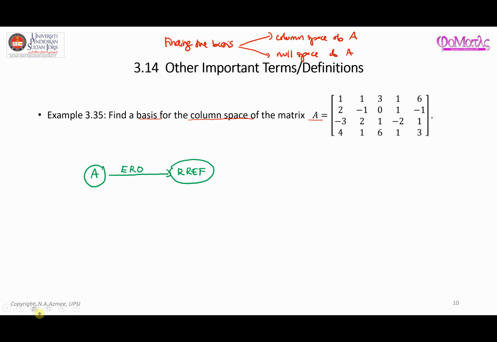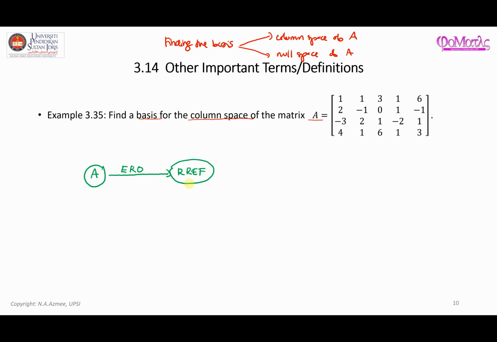Based on this reduced matrix, you need to be able to identify which column has a leading 1.